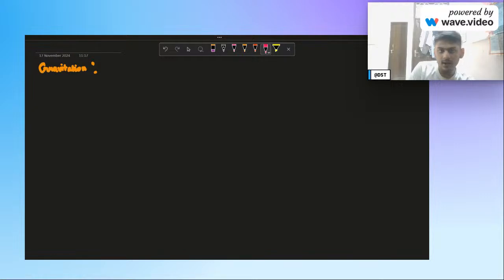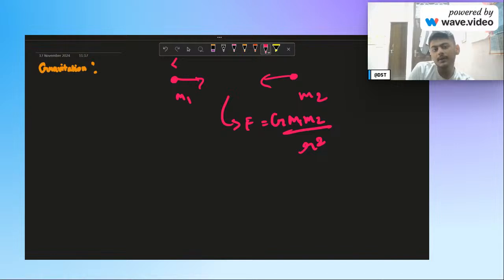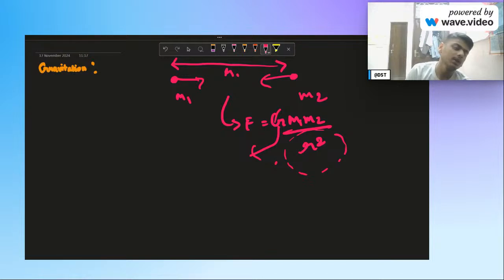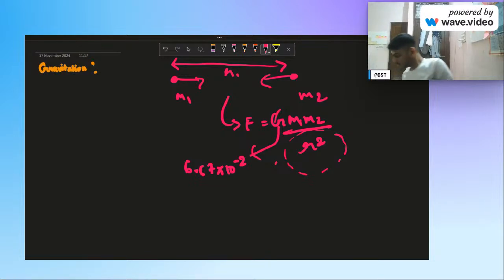Newton observed that any two bodies A and B, let them have masses m1 and m2, there exists a mutual force between them, and the force is given by F is equal to G m1 m2 by r squared, where r is the whole distance between them, and G is the universal gravitational constant, which has a value of 6.67 times 10 to the power minus 11.